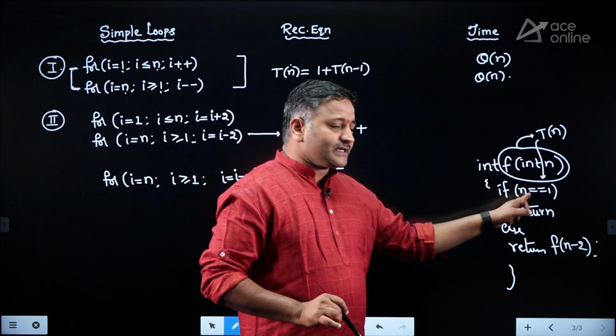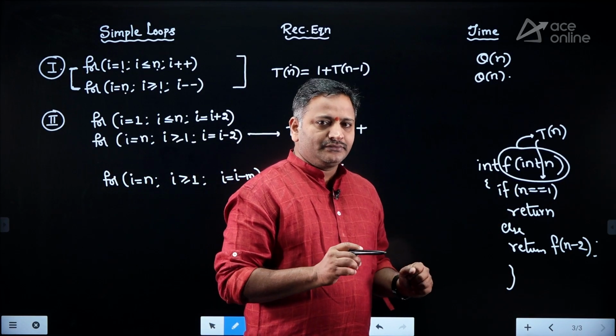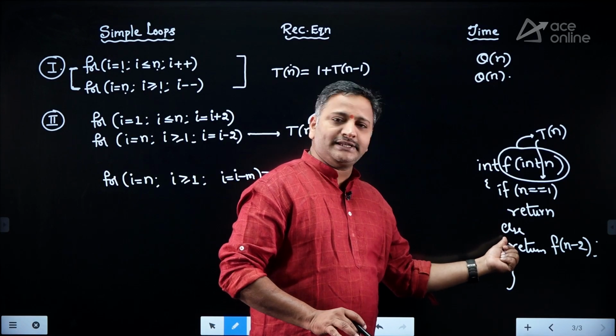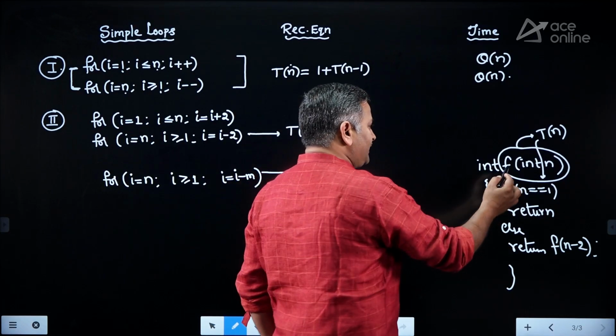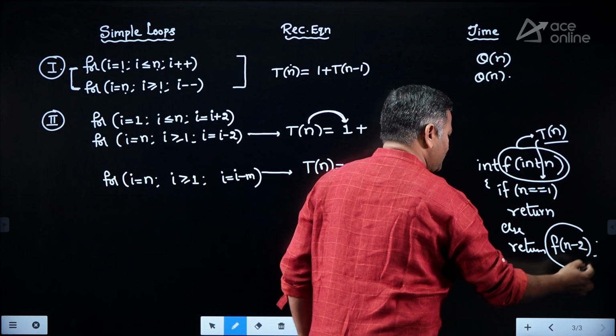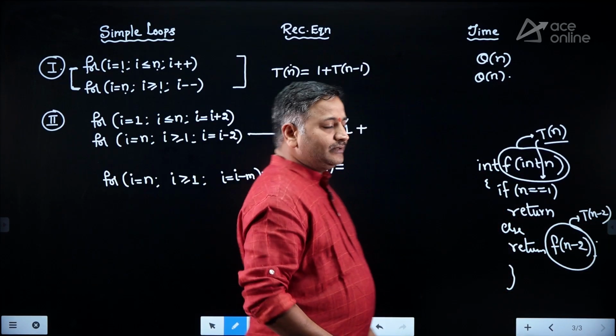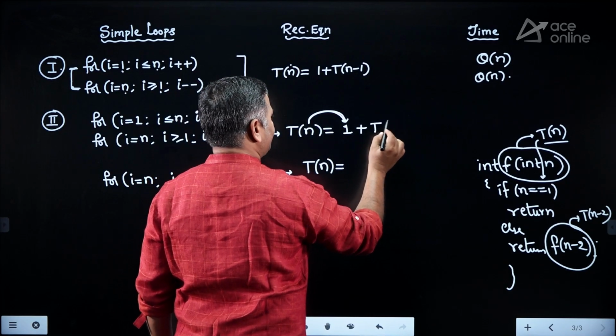If it is meeting the base condition, you can stop the process. In the worst case, we have to assume that it is not meeting the base condition, then we have to enter into the else part. Then f of n takes T of n, then f of n minus 2 takes T of n minus 2. Am I right? So therefore, it is T of n minus 2.